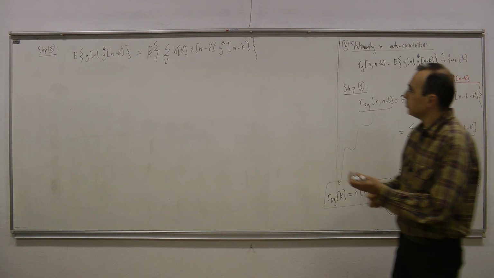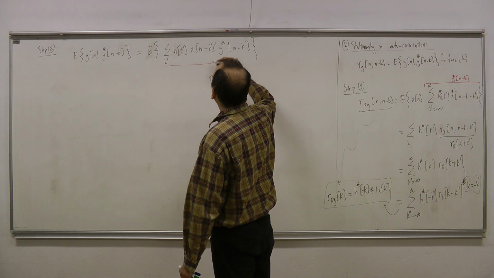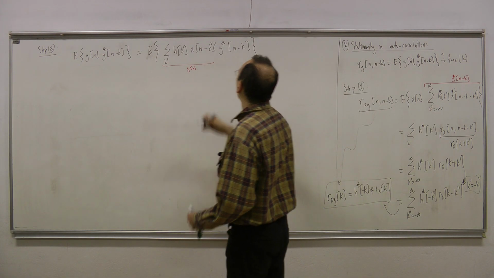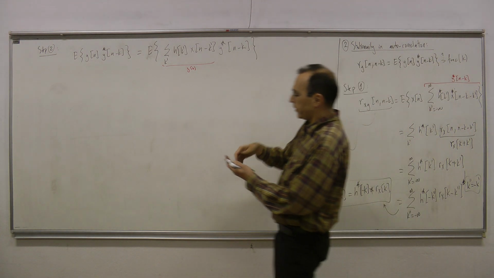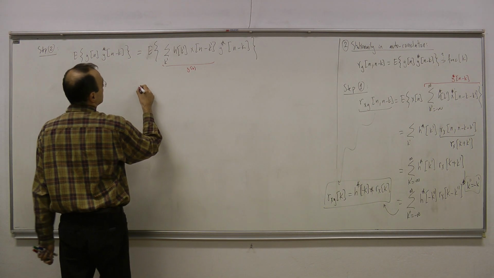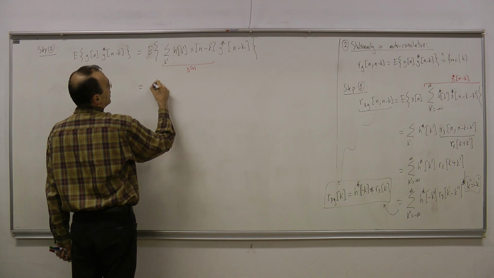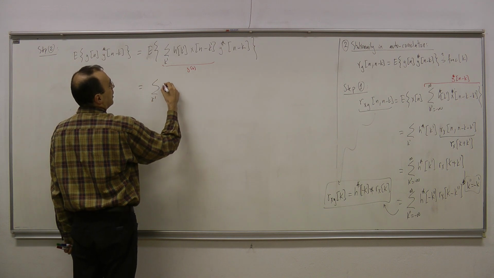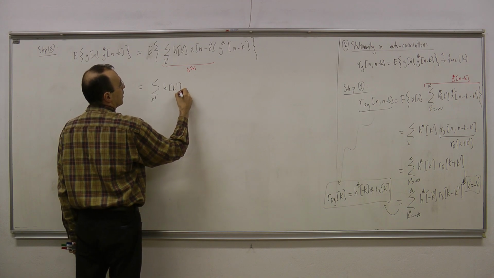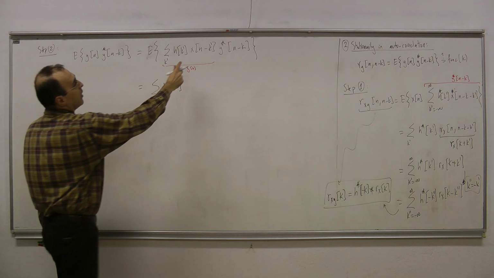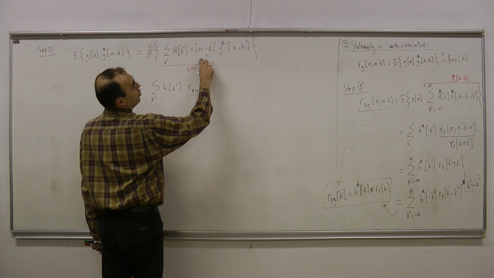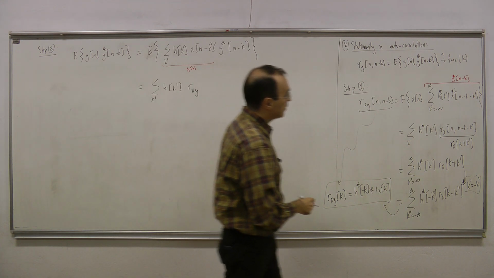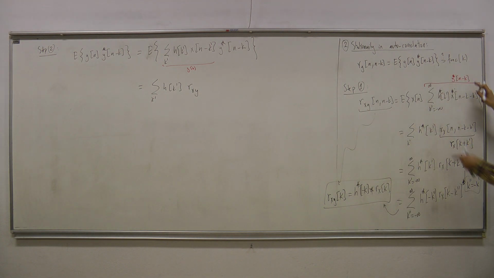So what did I do? Nothing new. This is y of n. That is it. Now let's move this expectation inside. So if I move this expectation inside, I have Rxy, the cross correlation of two processes, but I have already calculated exactly this thing.